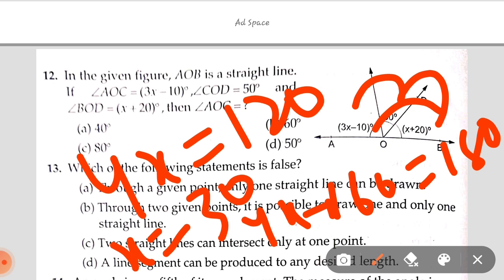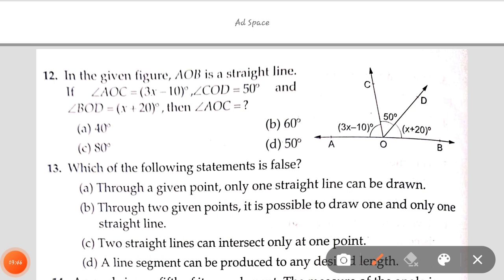Now we have to find angle AOC, that is 3x minus 10. We have already found the value of x is equal to 30 degrees.